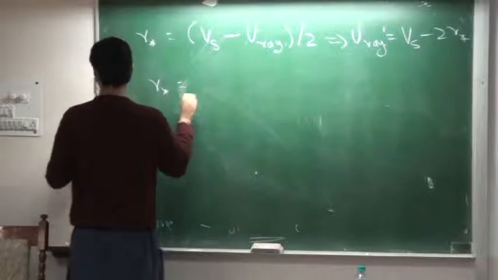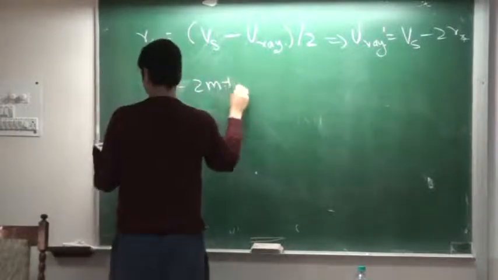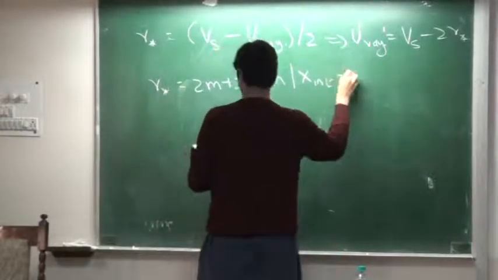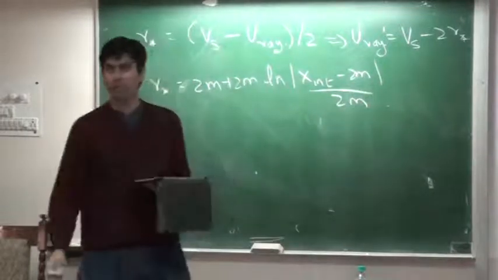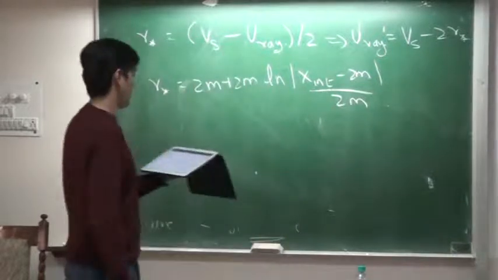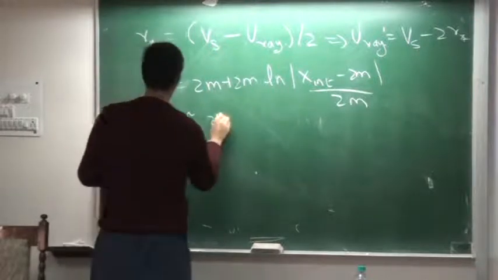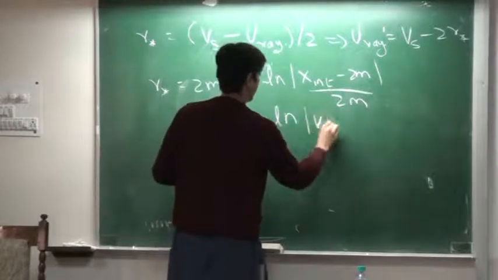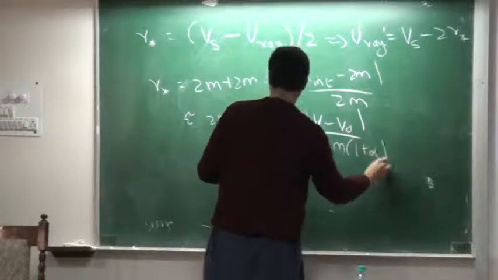Okay. Now, what's r star? We have a formula for r star. Near the horizon, what's r star? R star is just twice m plus twice m into log of x in minus 2m by 2m. This is the formula for r star in terms of x in. Remember, this x in is the radius of the sphere. Everyone agrees on that. That's some invariant quantity, right? So this, you can check, is just 2m plus 2m into log of v naught minus v by 2m into 1 plus alpha.